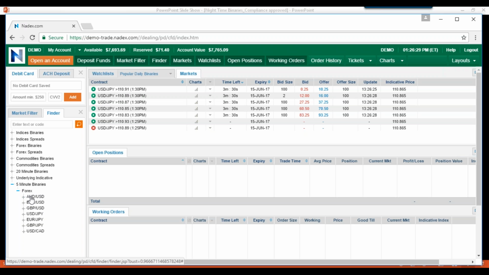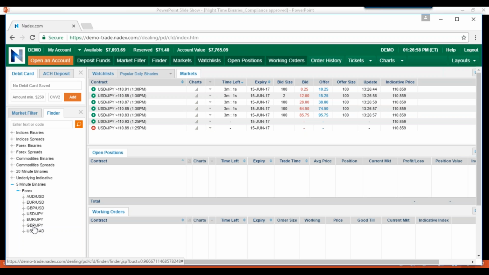I mean, when you're looking at just nighttime, for example, Aussie dollar 1, USD yen 2, Euro yen 3, pound yen 4. Okay, so those early evening markets that are open, you've got 4 different instruments that give you binaries every 5 minutes, except for the last 5 minutes of the hour.